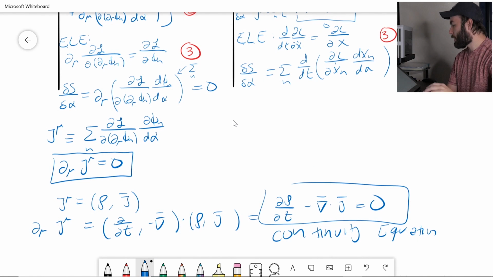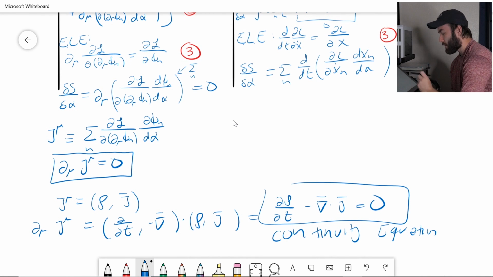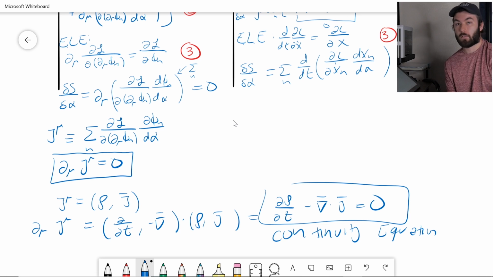Now, in a future video, we will do a specific example of what currents are conserved for specific kinds of symmetries. Namely, we will show that for spatial and temporal symmetries, like symmetries under translations in time and space, the conserved current is the energy momentum tensor, and that is the object of my own personal research. So I'm looking forward to making that video.